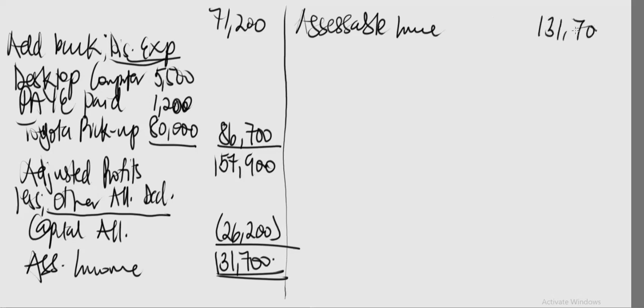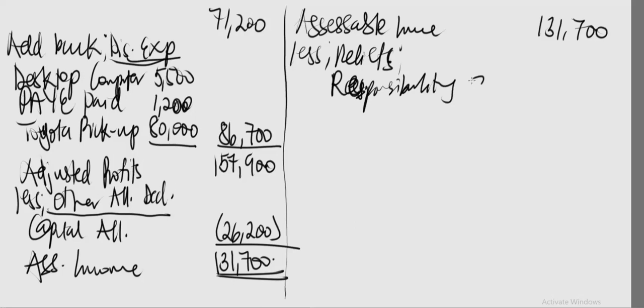As I take my assessable income here, 131,700, I'll now less my reliefs, and the only reliefs I'll be taking out here will be the responsibility relief. These are 2018. The reliefs were not changed, so responsibility will still be 200 in place of marriage. Then child education, they are all in recognized institutions in Ghana. It doesn't matter whether it's universities.